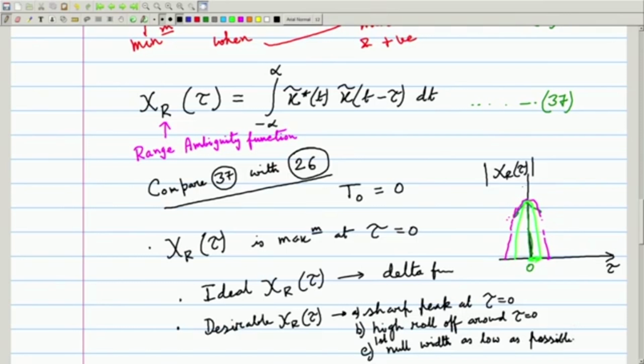Now, in the drawing I have drawn this shape, but it can be anything; it could have been triangular, it could have been rectangular, anything. But the most important thing is what happens within this zone.